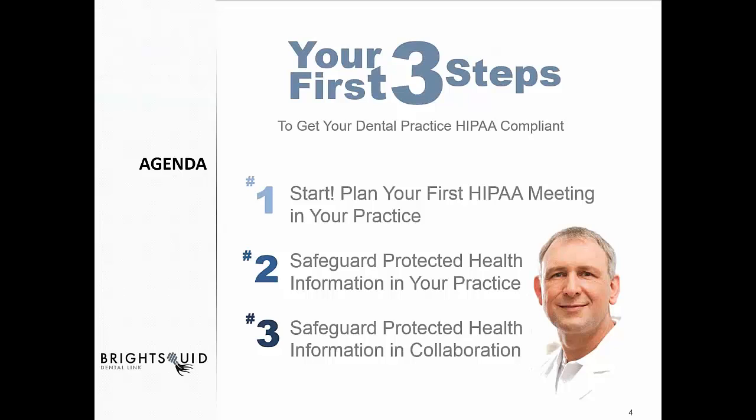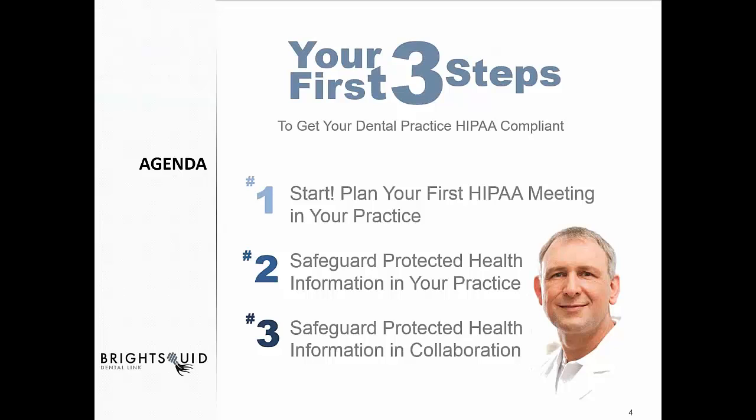So if I just look at the agenda here, we wanted to keep it very simple. We're going to start with the first step, which is to start. You want to plan your first HIPAA meeting in your practice, and we're going to talk through what a meeting agenda even looks like to make it even more accessible by everybody here. The second point is how to safeguard your patient health information in the practice.